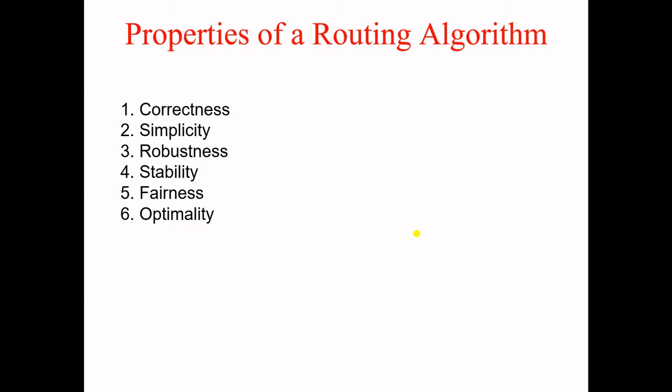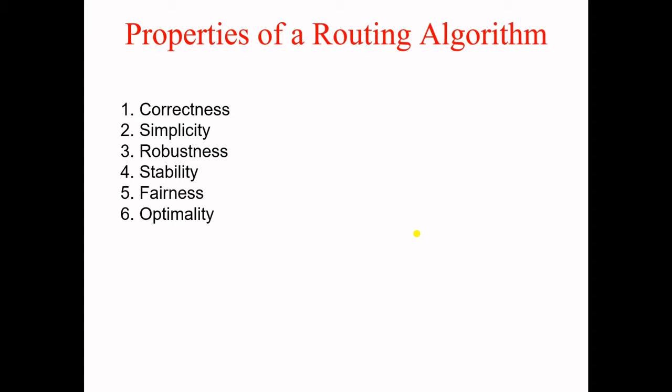Now the fourth point is stability. Stability means the routing algorithm should be stable under all possible circumstances. Whatever the circumstance is, it should be stable. Next is fairness. What is fairness? Every node connected to the network should get a fair chance of transmitting its packets.